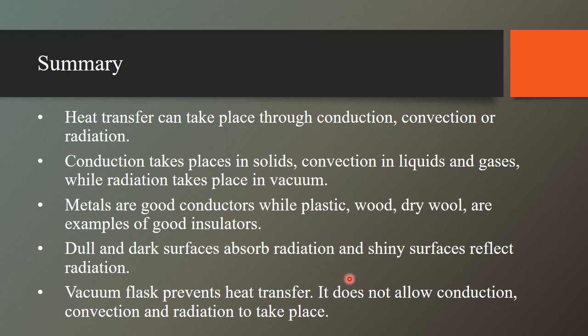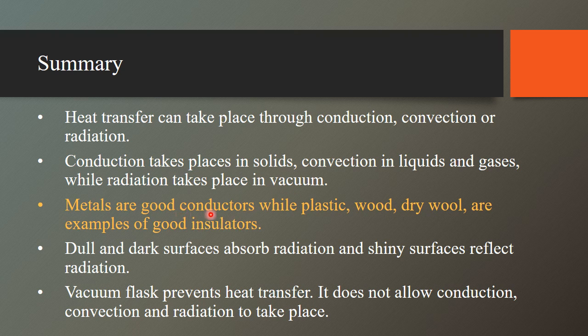We shall now summarize what we have studied so far in this lesson. Heat transfer can take place through conduction, convection, or radiation. Conduction takes place in solids, convection in liquids and gases, while radiation takes place in vacuum.